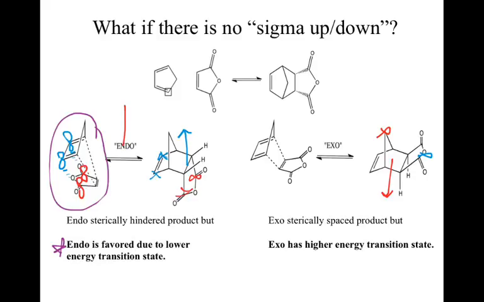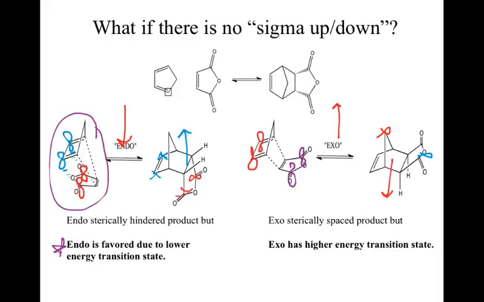So what ends up happening is we get a lower transition state. In the exo, there is no stabilizing feature. Our p orbitals are nowhere near each other for stabilization, which means its transition state is higher. So in the case of the endo, we have a low transition state. A low transition state means a faster reaction.